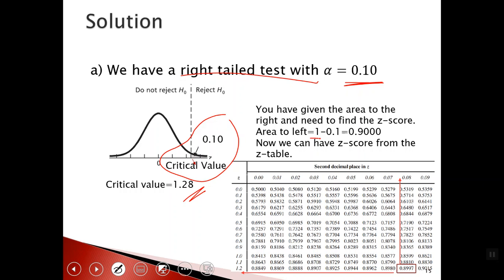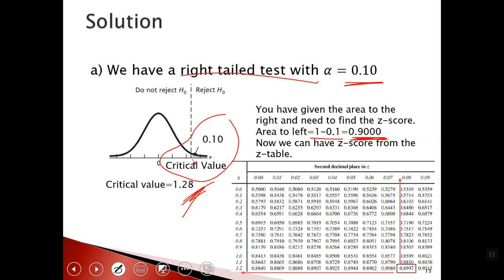So 1 minus 0.1 is 0.9. So you have to go to the Z table and find the row and column which belongs to 0.9 area. In this picture, you can see we don't have the exact 0.9 value. You have to approximate the closest one, 0.8997. Then you can get the row first, then the column. So the value should be 1.28.